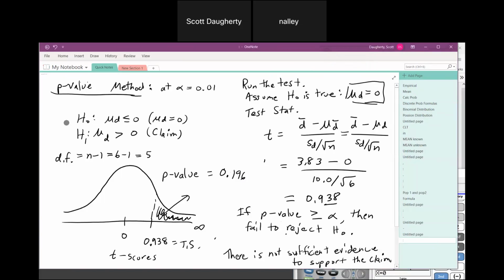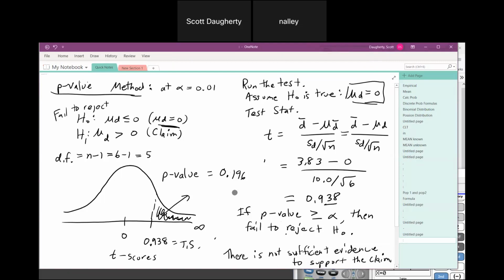Okay, and it's the same thing we had before. If you fail to reject the null, you're saying again that this assumption that we made about mu sub d being 0 seems plausible. Therefore, you can't support the alternative hypothesis, which happens to be the claim. So again, there's not sufficient evidence to support the claim, just like we had before. The result is no different than what we had when we did it using the traditional method.